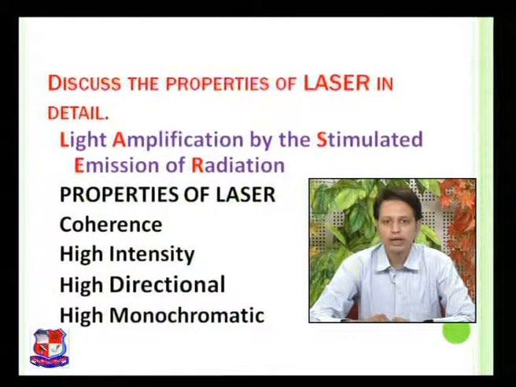Through stimulated emission, we can amplify the light signal and get higher energy light rays. These light rays of higher energy content are directional, having higher intensity, that means per unit area the energy content is higher.